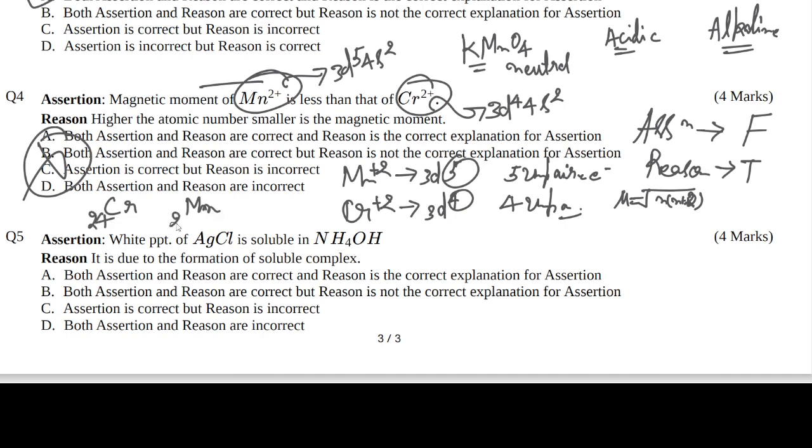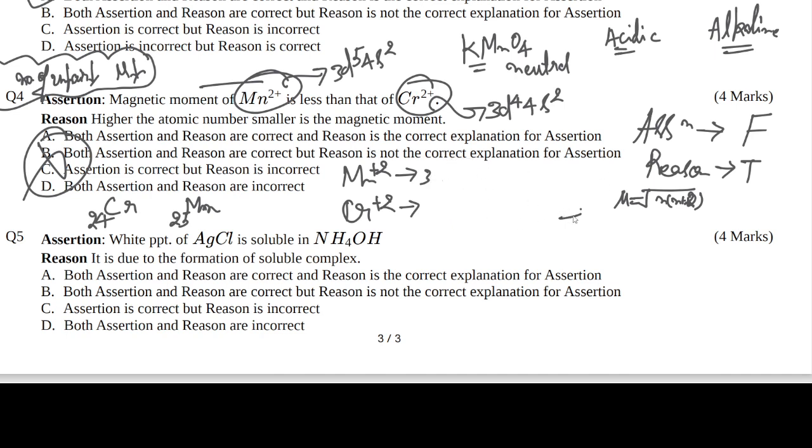As the atomic number Z increases, the number of unpaired electrons decreases, and as the number of unpaired electrons decreases, the magnetic moment mu also decreases. This will help you sort out the things. So in this case the assertion is false and the reason is true.